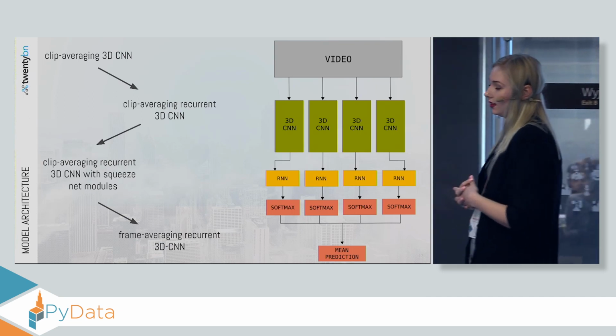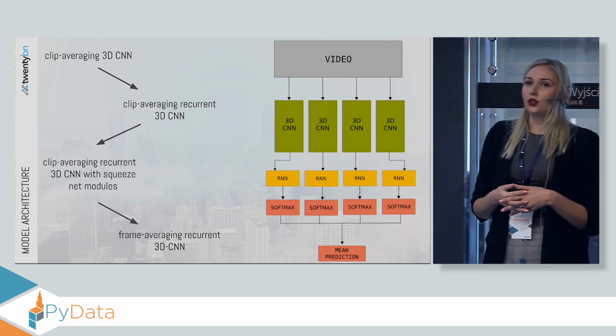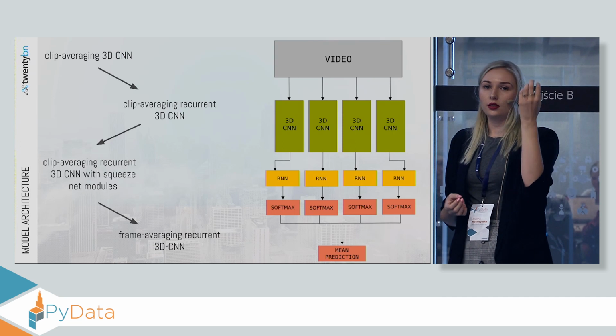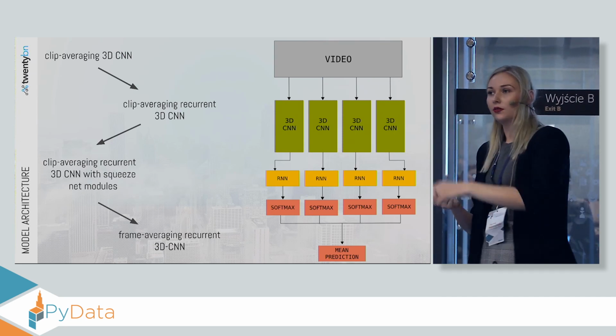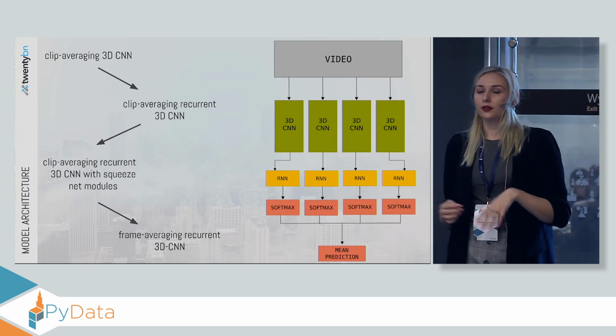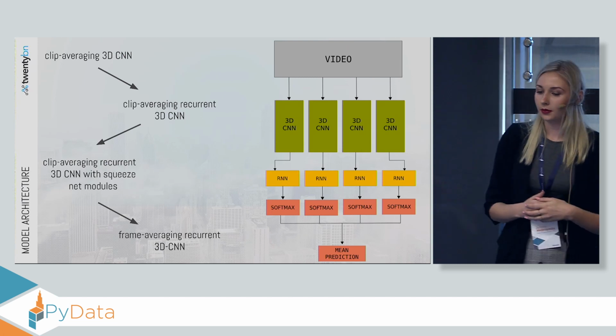This also made our system real-time capable, because at test time you can just make a prediction for a single clip, and then save the hidden state and feed it over and over again, so that you're imitating the training scenario in the test scenario.